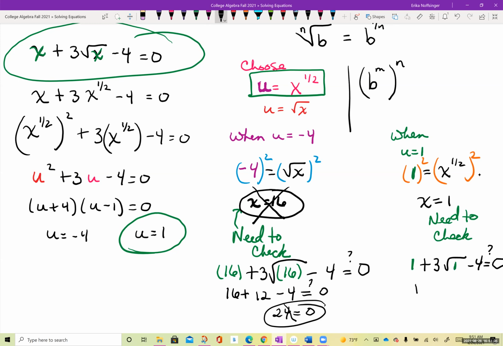So I have 1 plus 3 times 1, so that's 3, minus 4, and I see that that is 0. 0 equals 0. And so that does work. And so my solution, it's not u, it's x equals 1. So we would have one answer to that.